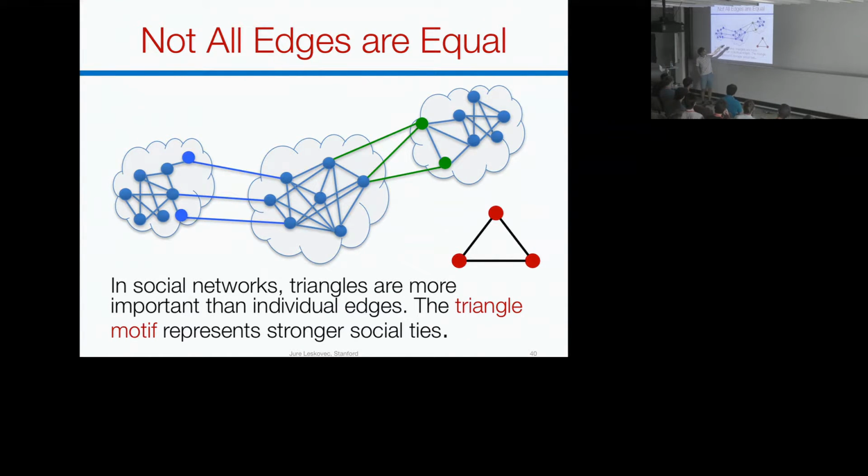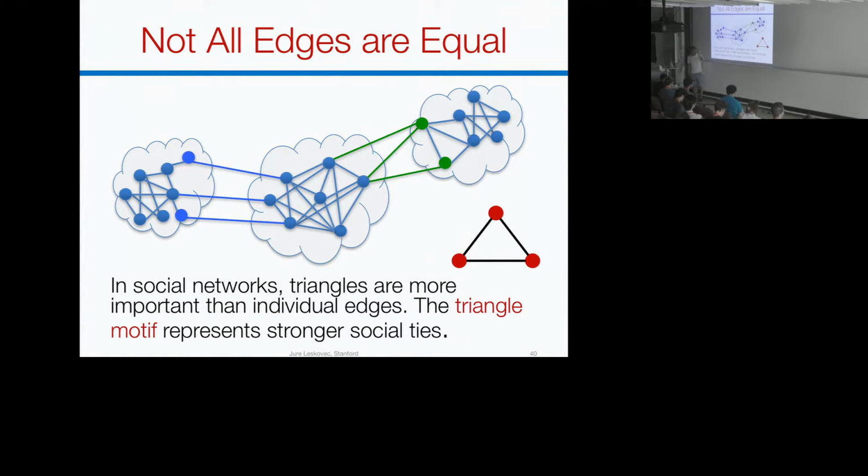So these connections are in some sense much stronger than here, where it's just isolated connections crossing between the 2 clusters. Basically, triangle motifs represent stronger social ties, so the strength of these is much stronger than the strand there.